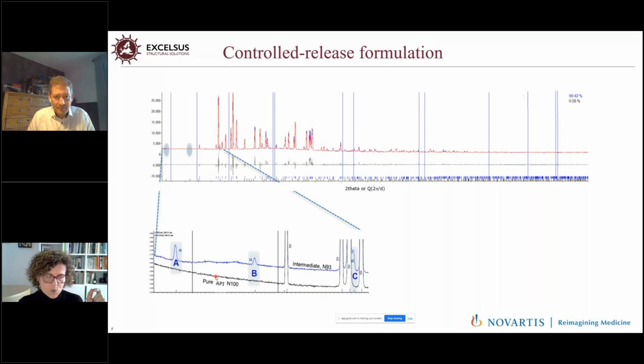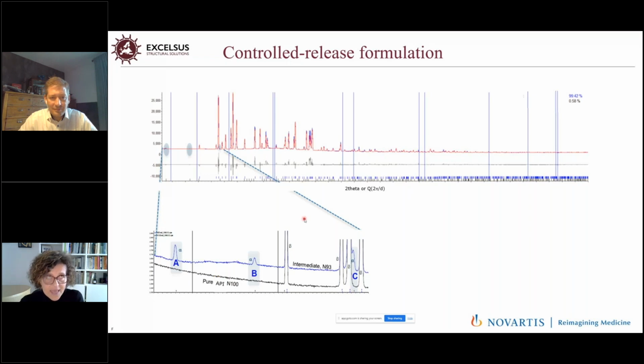We had access to those nice SEM pictures, which were showing the needle-like morphology. So back to the literature, we could figure out that there was another form. There was an anhydrous form that also had that morphology.